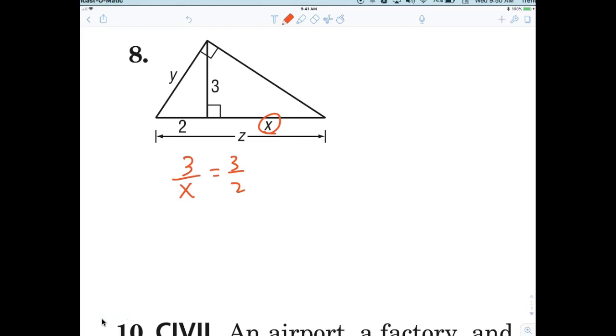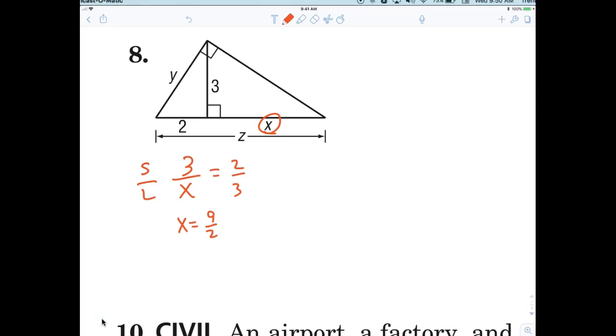So this would have been 3 over x is short leg to long leg. So then short leg to long leg would be 2 over 3. So x is equal to 4.5, 9 halves. Is everybody good on that?